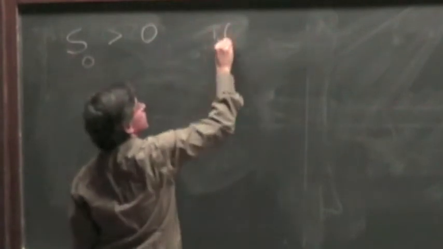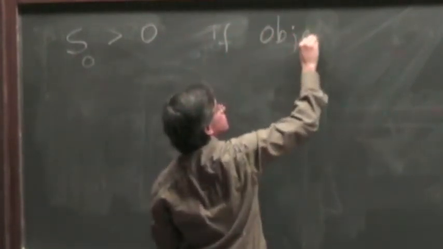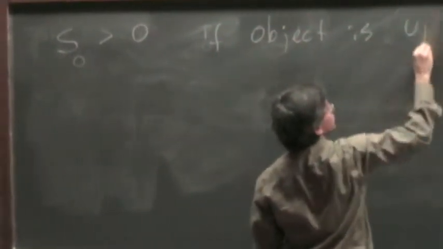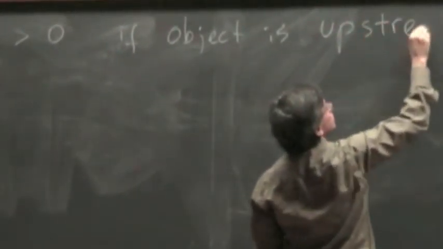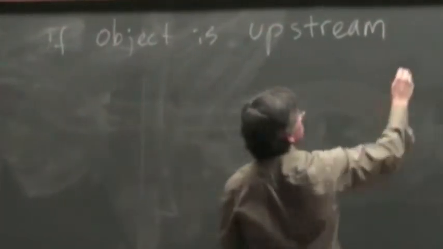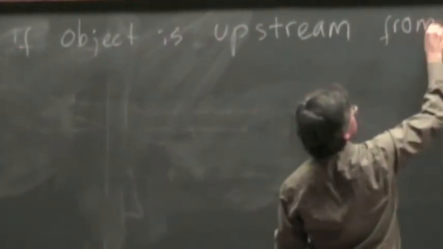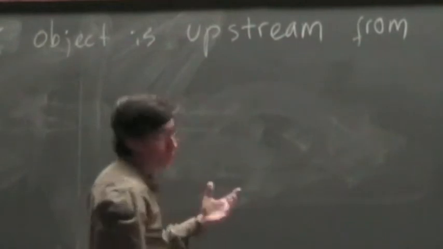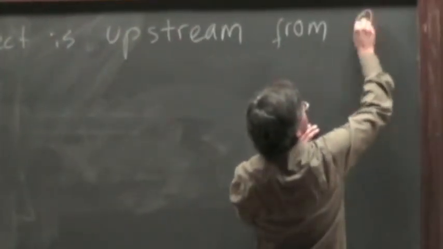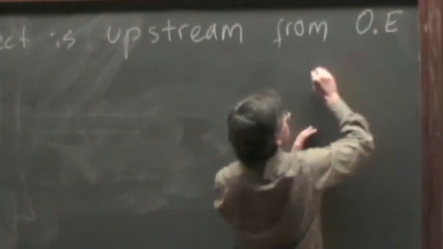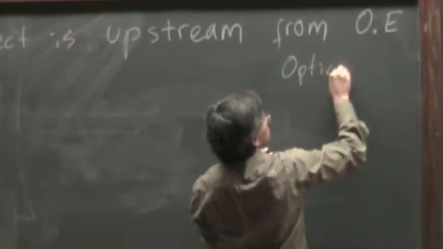So the convention for the distance to the object is that it is positive if the object is upstream from the optical element. Since what I'm saying applies to both lenses and mirrors, I'm not going to say lens or mirror, I'm just going to call it the optical element.